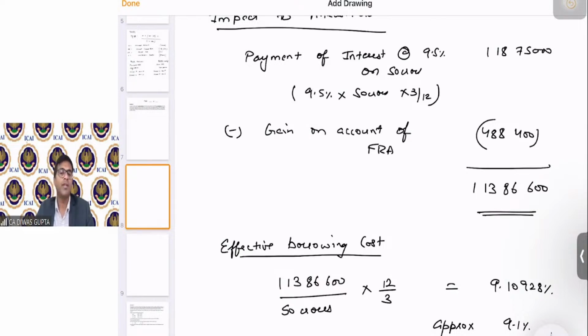Yes, Mansha. After 6 months, we are calculating this. Clear? So we have calculated the payoffs and we have also shown the impact of this payoff on the effective borrowing cost for the company.